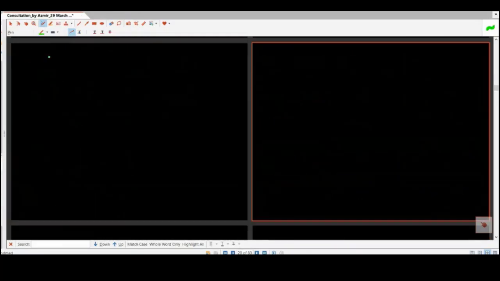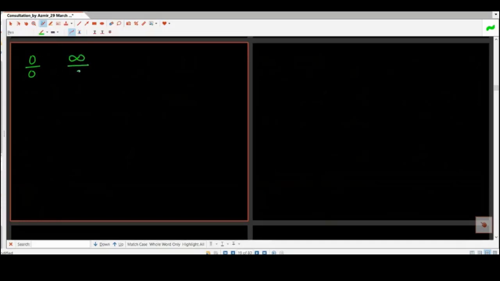So I have mentioned that 0 over 0 is the first type, infinity over infinity is the second type, which are known as indeterminate forms. So we have learned how to deal with 0 over 0. Let's solve one example which is of infinity over infinity.